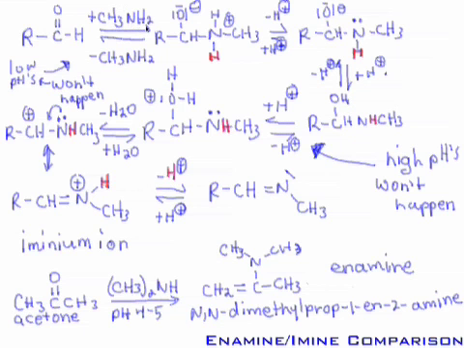Now, if I change my methylamine, so instead I don't have CH3NH2, but rather I have (CH3)2NH, then this red group is no longer an H, it becomes a CH3. The mechanism for enamine formation is exactly the same.